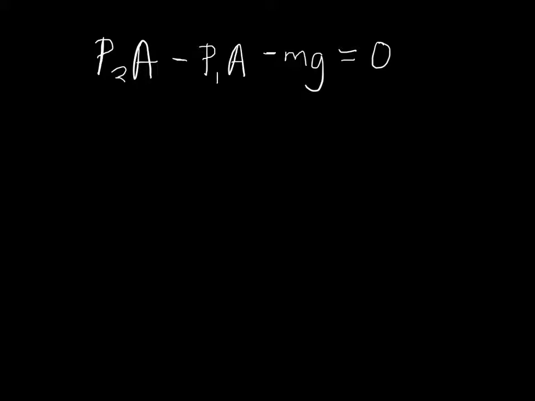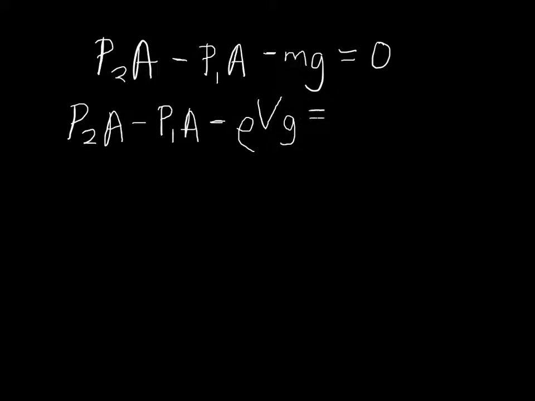So we're repeating our equation from before. We substitute in for our mass: pressure 2 times A minus pressure 1 times A minus density times volume, which is just equal to mass, times g, is equal to 0.